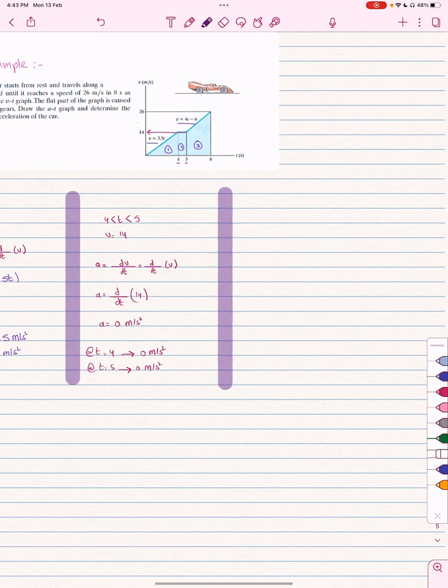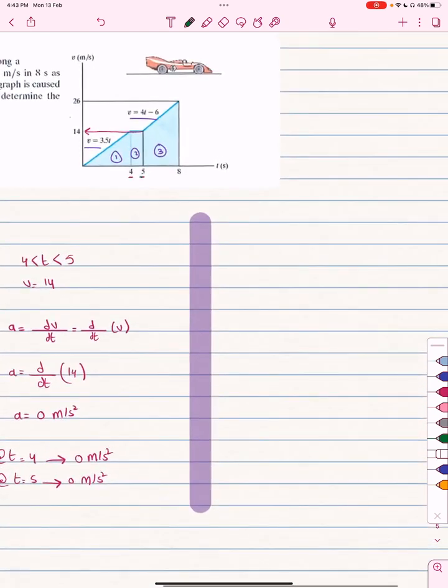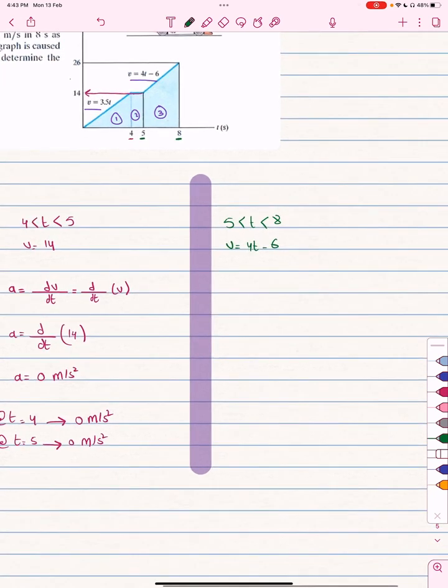And now we will go to the third period of time, which starts at 5, stops at 8, V equals 4t minus 6. So we will say time starts from 5, stops at 8, V equals 4t minus 6. Again, we'll use the same formula.